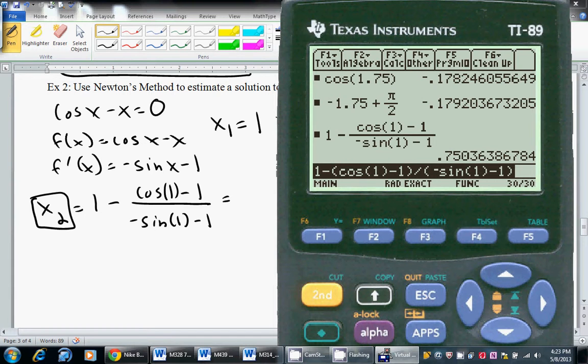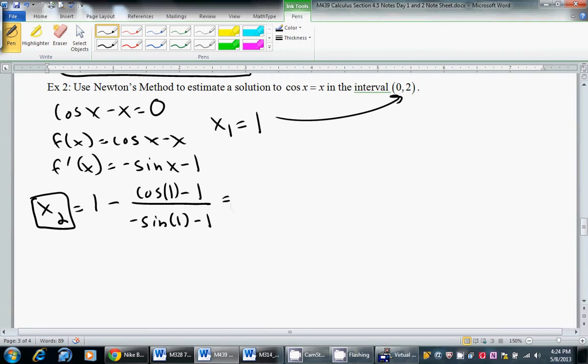So this is what I typed in. Now I'm going to round off to about 6 decimal places. So this is 0.750364. That's my x sub 2.